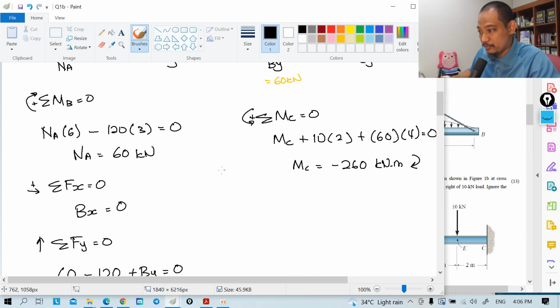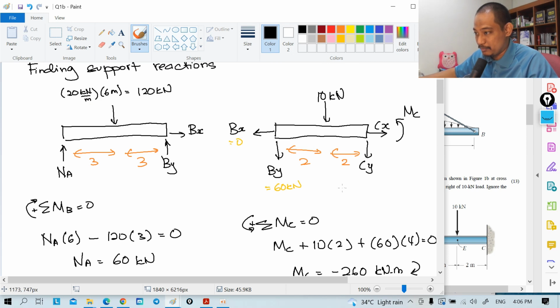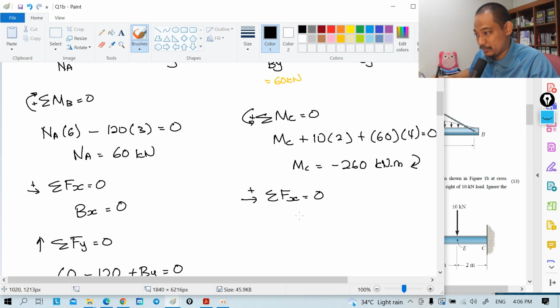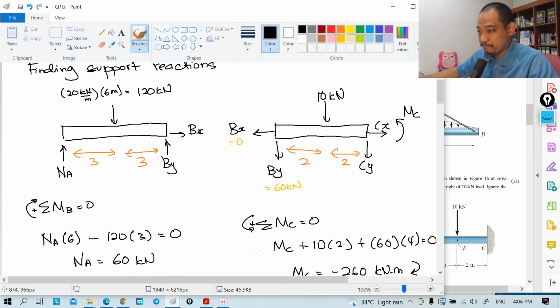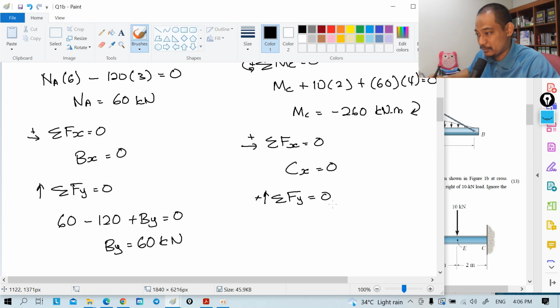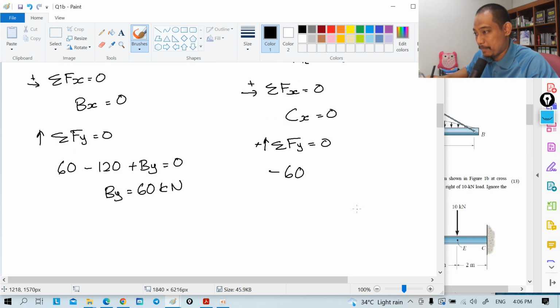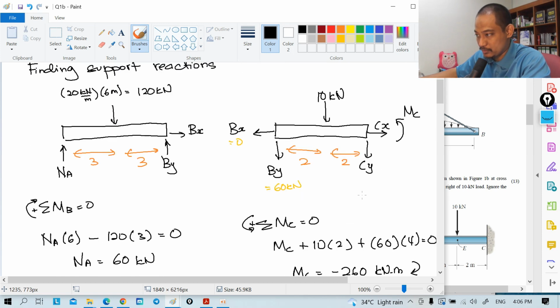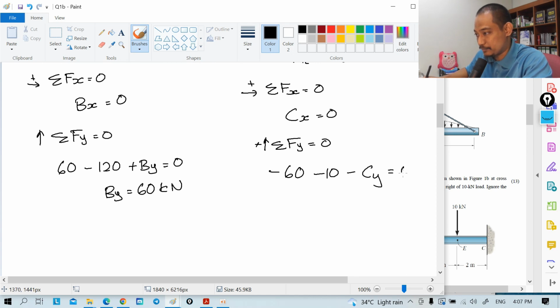Then for summation of Fx equal to 0, taking to the right, Bx is 0, so Cx will be 0 as well. Then summation of Fy equal to 0, taking upwards as positive: minus 60 for By, minus 10, minus Cy, which is also downwards, equal to 0.